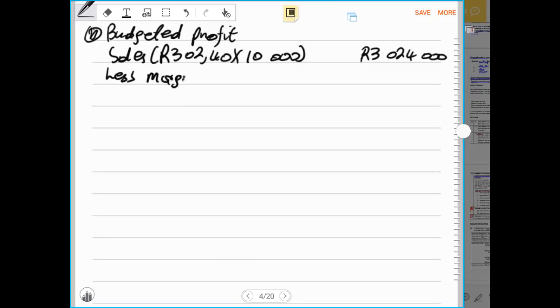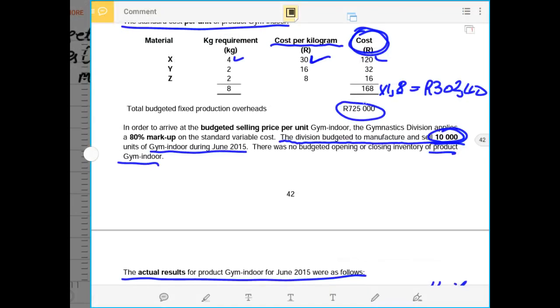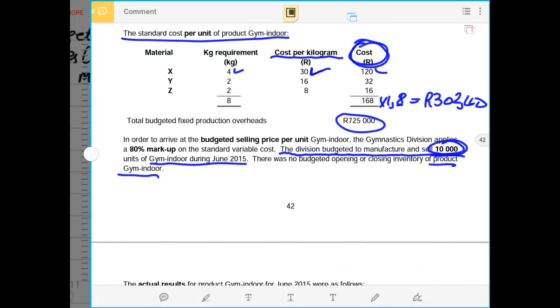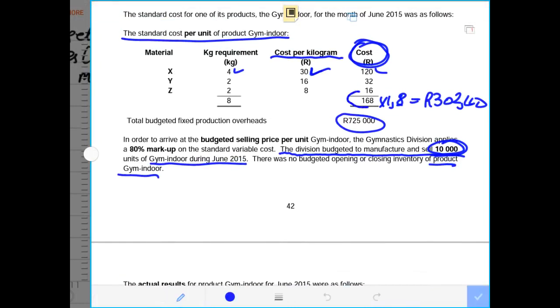or variable cost. The reason why I'm saying marginal cost is because I will only take into account the variable cost. And I know that my variable cost is 168 rand. This is the only cost that I have. And I'm budgeting to manufacture 10,000 units.